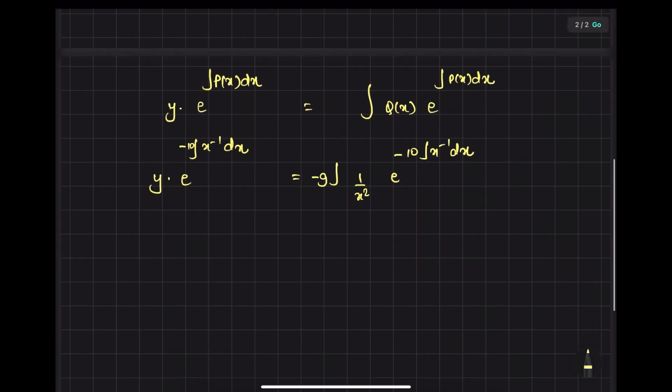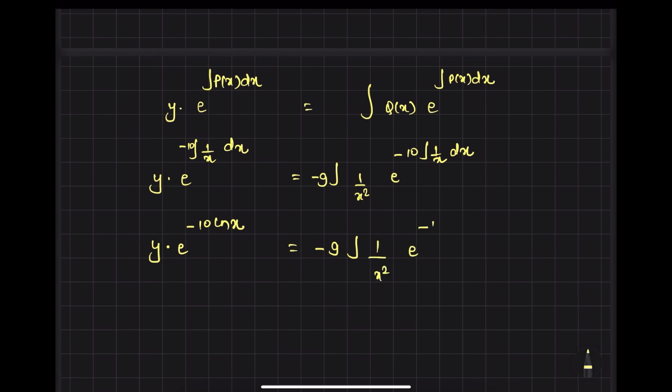Now look at this. What is the integration of this? This is not x to the power minus 1, okay, it is 1 by x, because the integration of 1 by x is possible, right? So we will write y times e power minus 10 ln x is equal to minus 9 integration of 1 by x square and then e power minus 10 ln x dx.